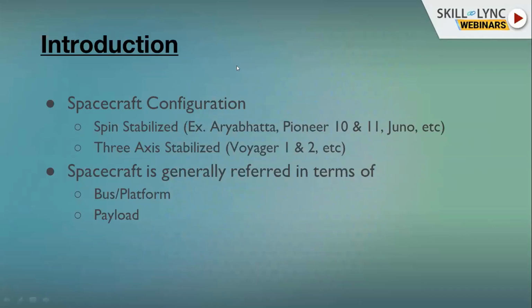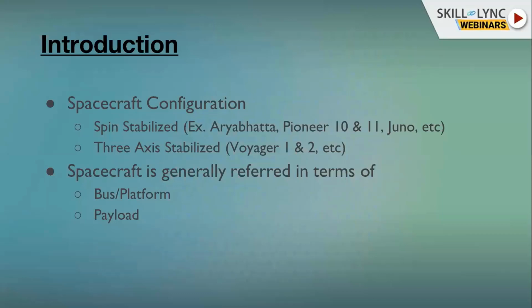Spacecraft can be spin stabilized or three-axis stabilized. But before that, let's understand, because there's some confusion about spacecraft and satellite. A spacecraft is any vehicle which is designed to operate outside Earth's atmosphere. A satellite is a spacecraft, but the reverse is not always true.